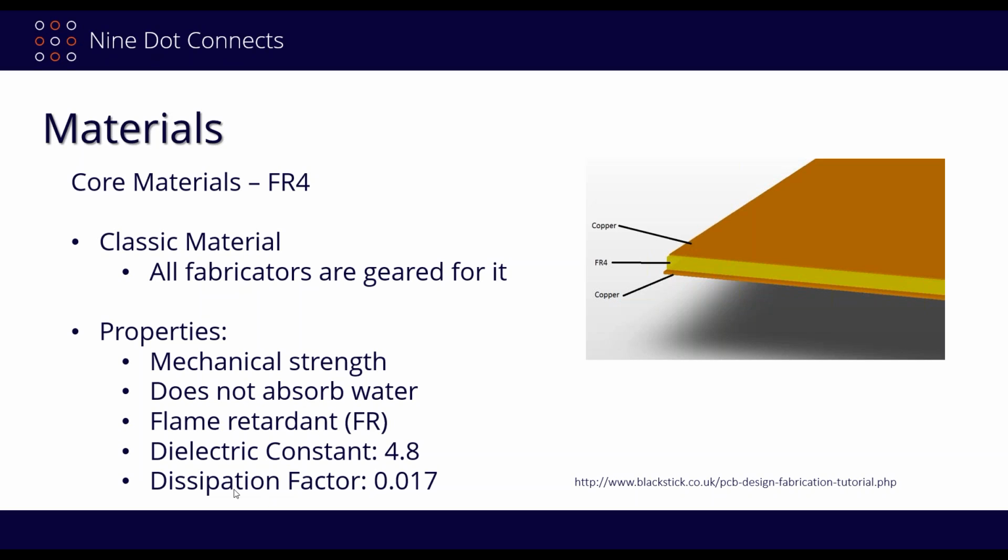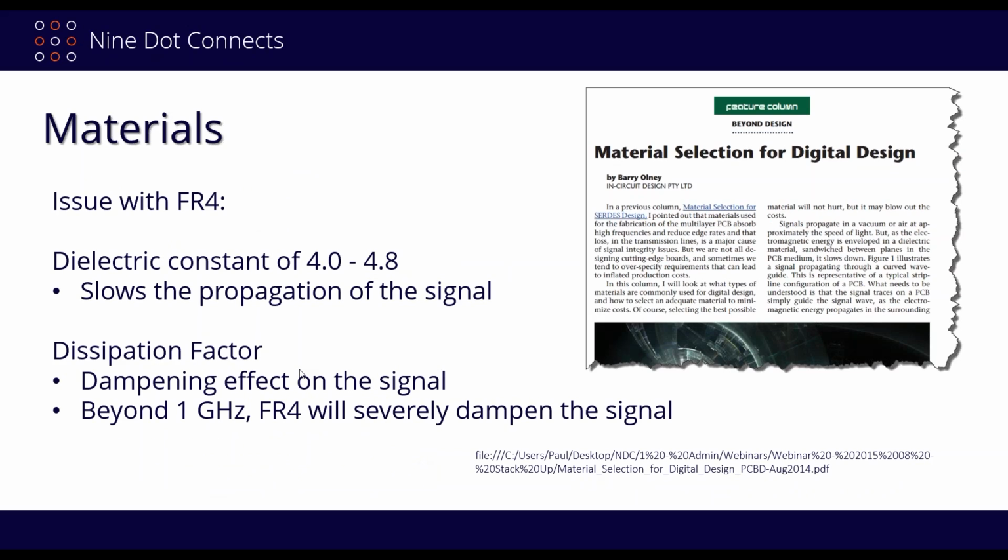The dielectric constant and dissipation factors are kind of high, and I'll talk about why this is a concern in just a moment. So let's jump over to this slide. Because the dielectric constant is kind of high, it slows down the propagation of the signal, which is completely contrary to what we're trying to do in high-speed design. Normally you want to find a material that has a lower dielectric constant.